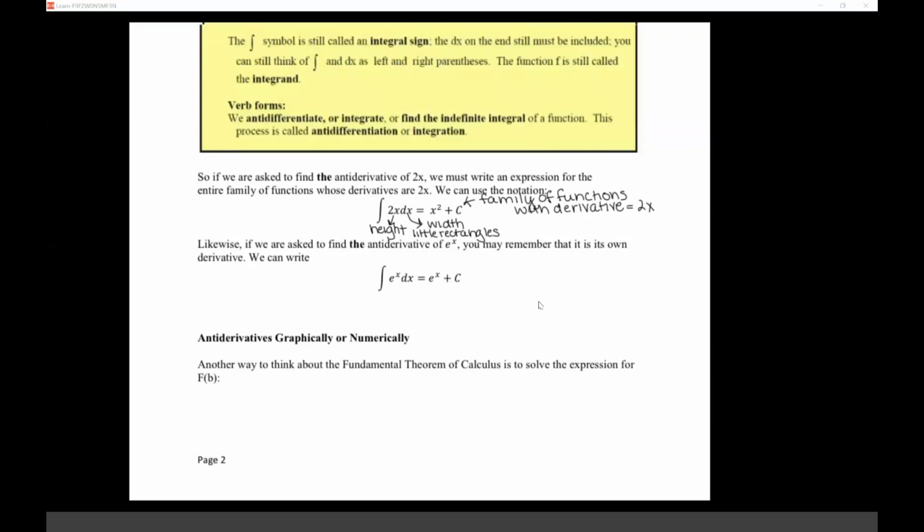But like always, I'm going to have an entire family of functions that have the derivative e to the x. Okay? Is that stuff making sense?